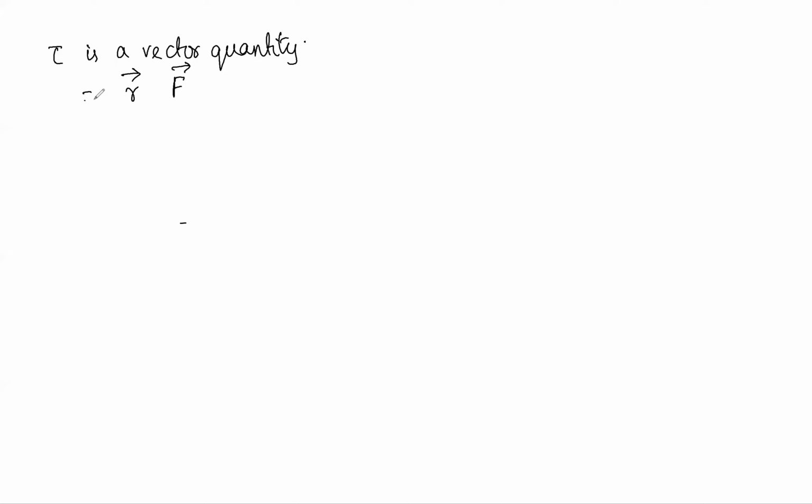And we have the sine function relating both of them, which is a very good reason to believe that torque is the cross product. It is the cross product of R with F. So torque is the cross product between R and F. This gives us a very proper understanding of the vector nature of torque.